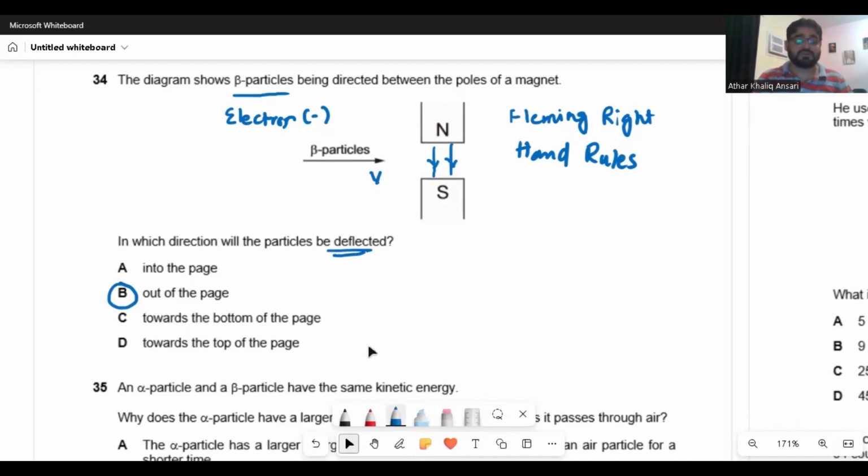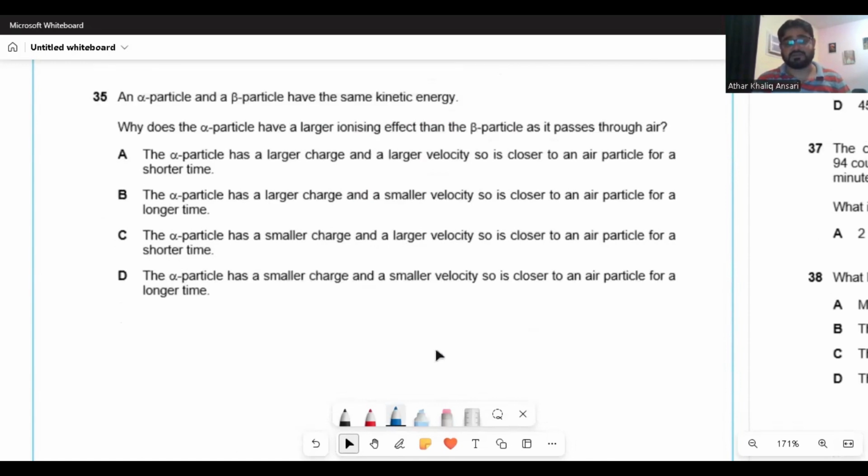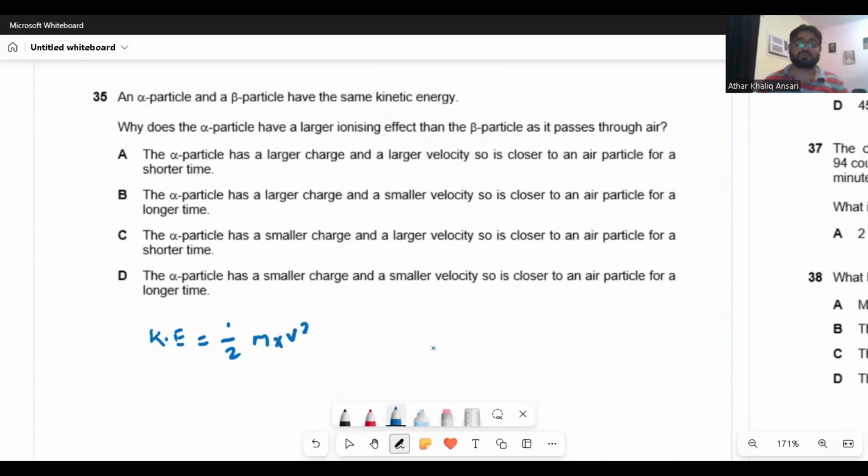Question number 35. An alpha particle and a beta particle have the same kinetic energy. When they have the same kinetic energy, we need to be aware of one thing. Kinetic energy is always equal to half mv squared, half times mass times velocity squared.